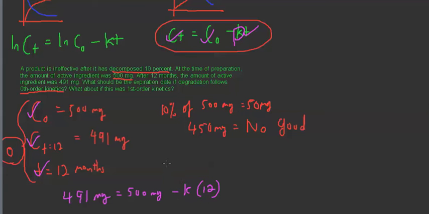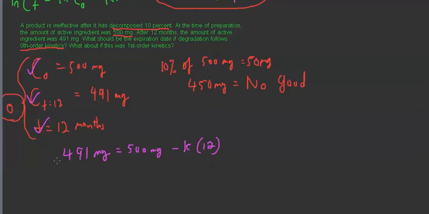Okay, so ultimately k ends up being what? K ends up being 0.75, and we know it's zero order kinetics, right? So in zero order kinetics, k is the rate. So it's how much the amount changes over an amount of time.